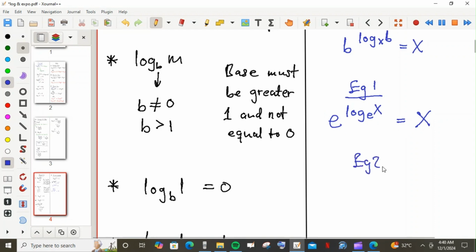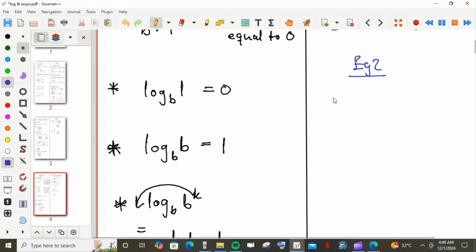Can we take another example? If I have 5 to the power logarithm, this is the same as what? Can you guess? This is the same as 2. So this and this will cross out.